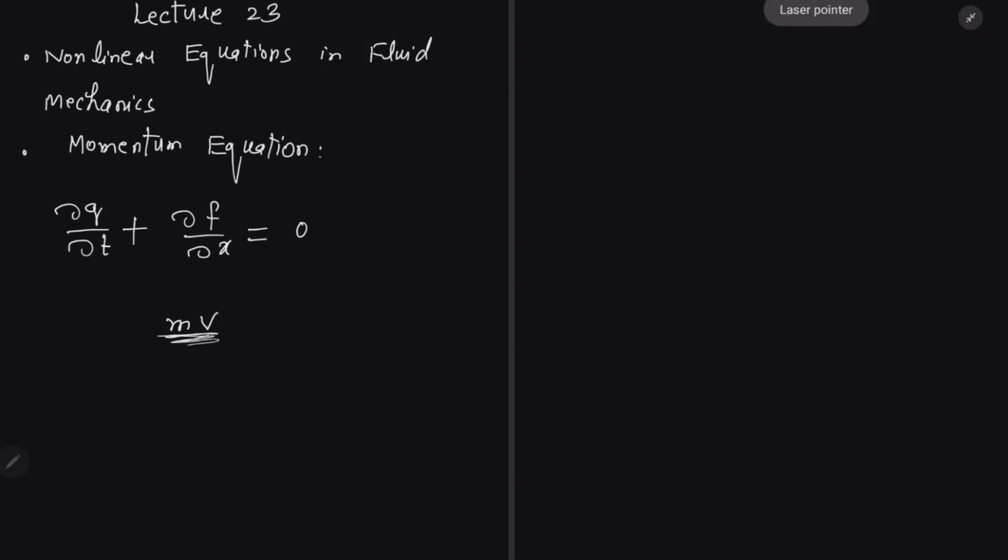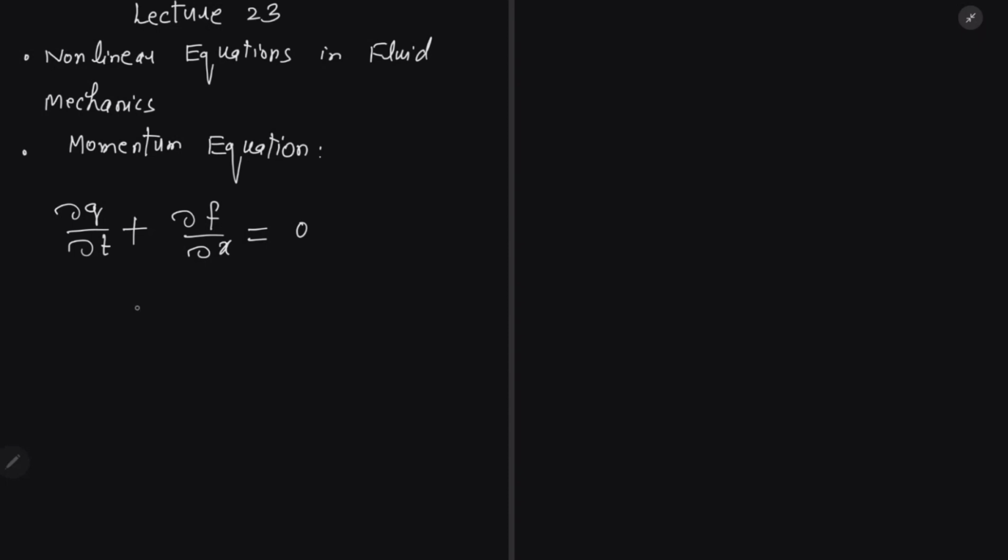Instead of defining mass, I define the density times v, which equals mass times velocity divided by volume. So usually we work in volume rather than mass.